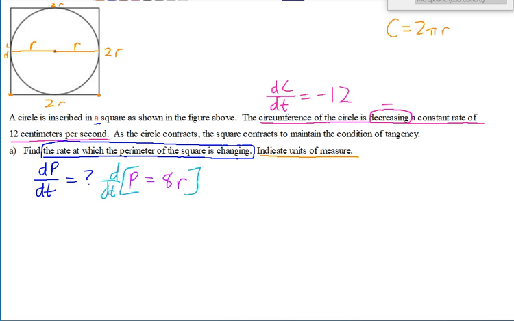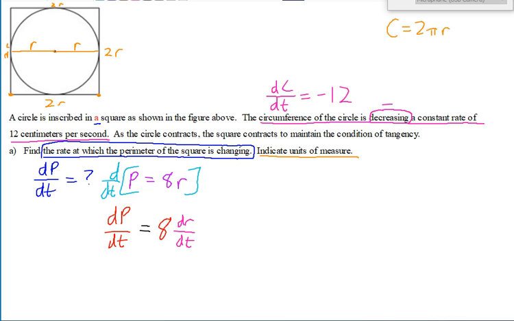So then that gives you dP/dt equals derivative of 8r is 8, but again the variables don't match up, so you need to multiply that by dr/dt. So notice, in order to solve for dP/dt, there's one missing piece of information, dr/dt. Some problems they might give it to you, but here they don't.